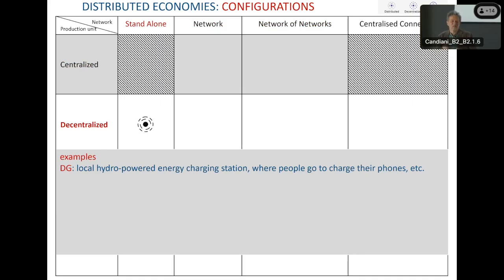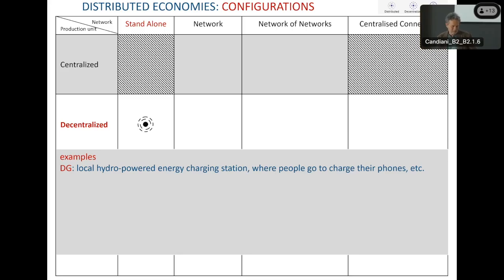And why is it interesting to understand all these differences? Because when you will be designing, it's good to know that there are different options on how to design the system. And this option could be more relevant and effective for a given context than another. So in relation to the context for which you are designing, you select the best configuration.